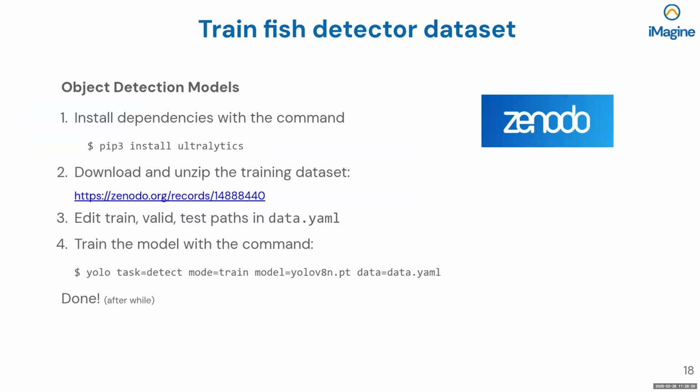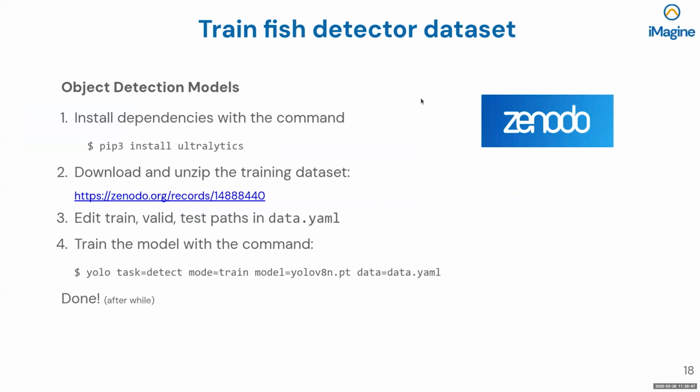So this is just a quick overview. I presented a lot of things, but if you want to replicate our work, what are the steps? It's not that complex. To have a first model running, you just need to install the Python package with pip install ultralytics, which is the package that contains the YOLO model. You can download our dataset and unzip it.